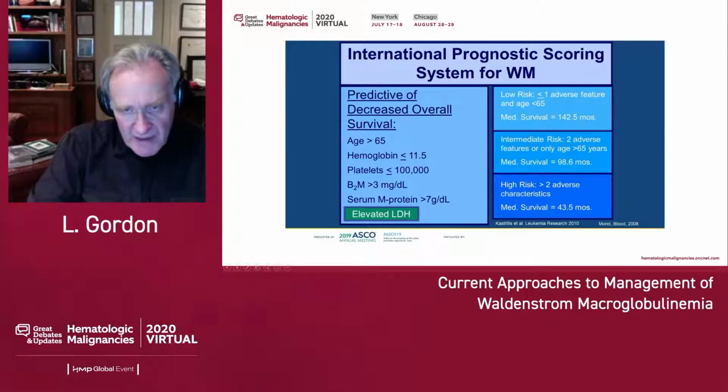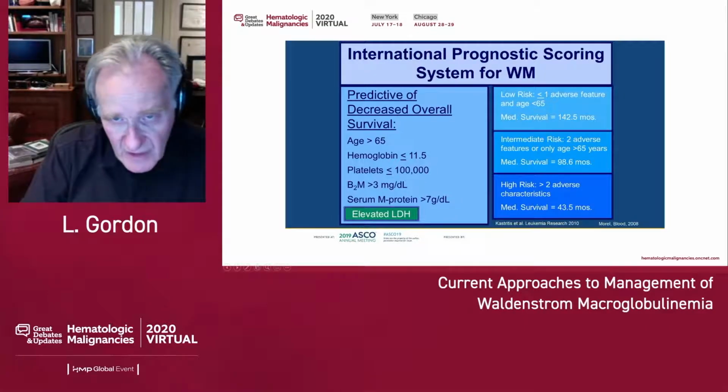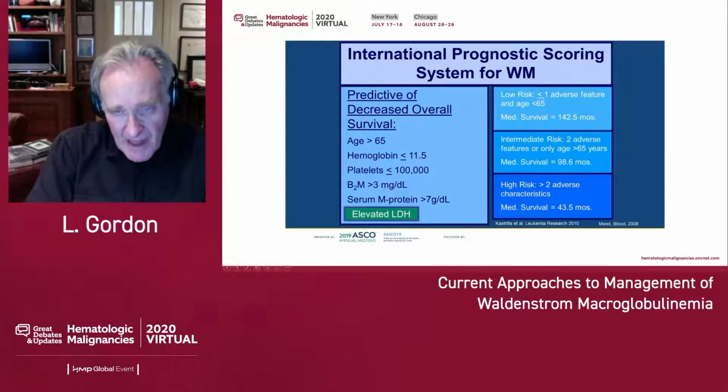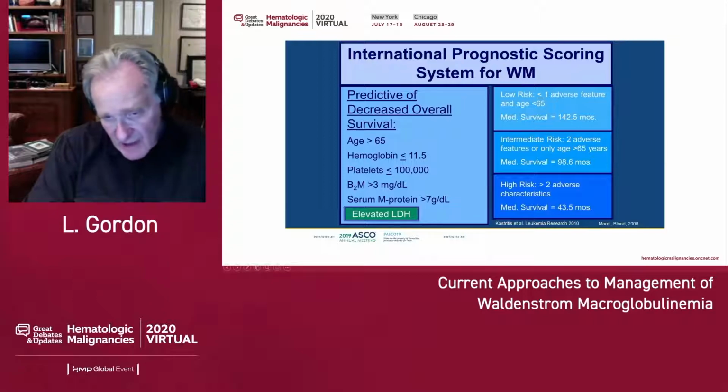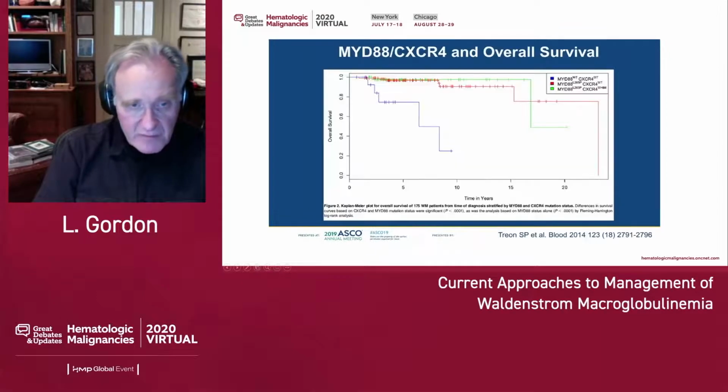Those with low risk, less than or equal to 1 adverse feature, or an age less than 65, have many years median survival, 142 months calculated. Those with intermediate risk, 98 months, and even the highest risk category have a median outcome of about 43 months. And these are data published in 2008, 2010, prior to the use of some of our novel treatments.